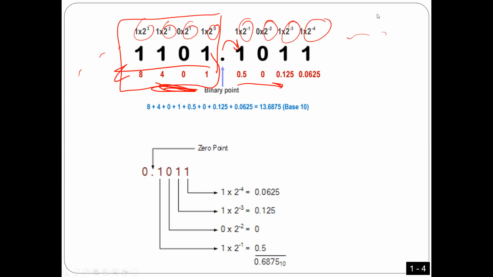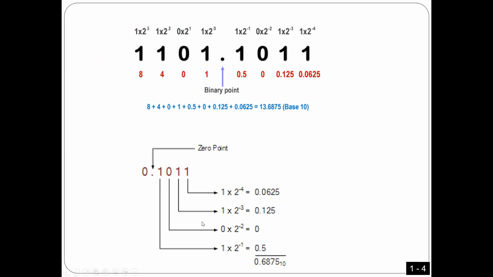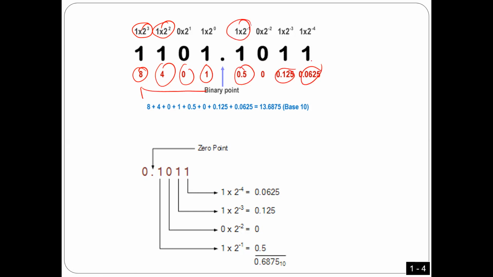Again, you multiply the weight by the digits. I multiply this one by this one, I get 8. Multiply this one, I get 4, then 0, then 1, and then I add everything together. That's how you convert it to decimal numbers.